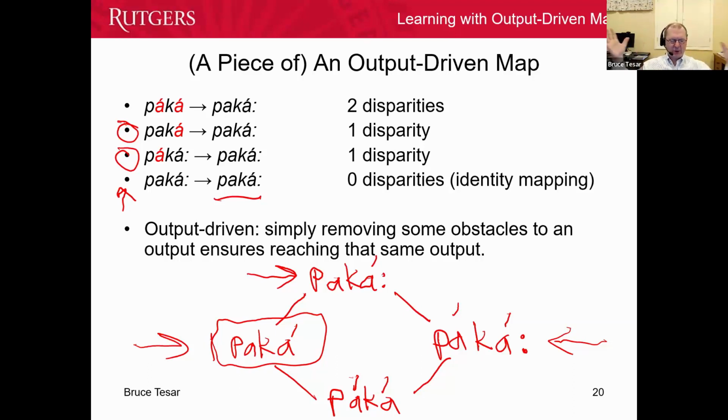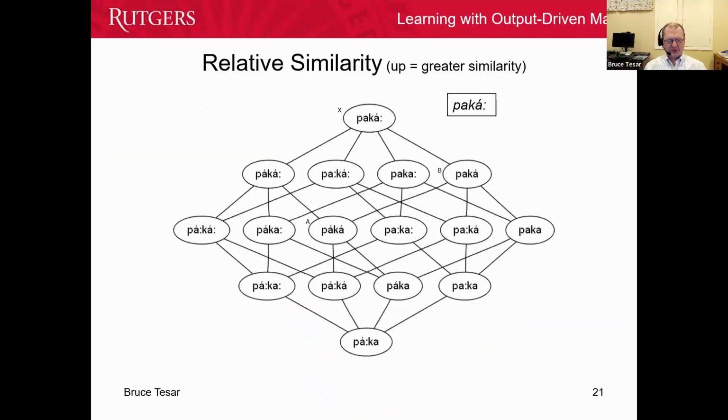If we blow this out for all four features, then relative to a particular output, we get the entire relative similarity relation, which in this case is a lattice. So this is our output. The top is the input that has zero disparities. It's identical to that output. That's as similar as you can get. So up is greater similarity.